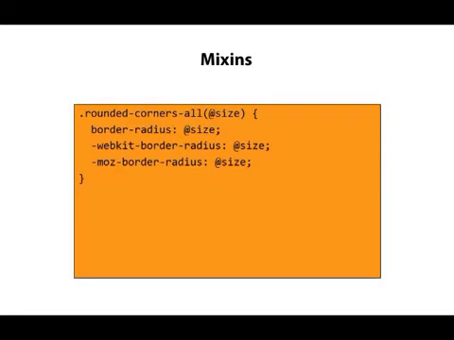In this way, we can have a reusable element that says, let's round the corners of this object using an input, and then wherever we want this to be in a rule, we can simply say dot name of the mixin and then the size. This is going to, in the compiled CSS, take these 3 lines of name value pairs and inject them into the form rule.